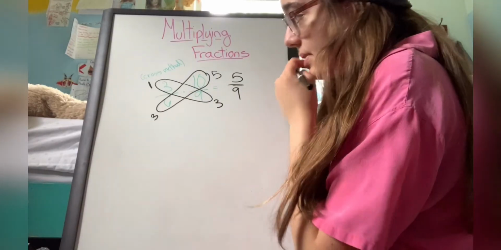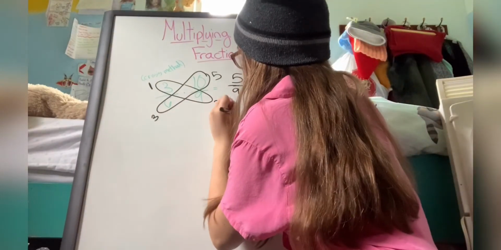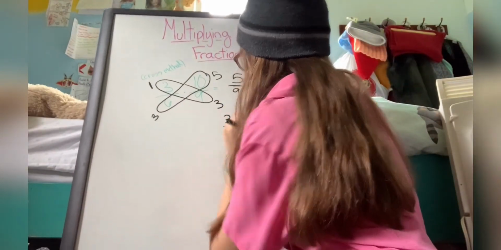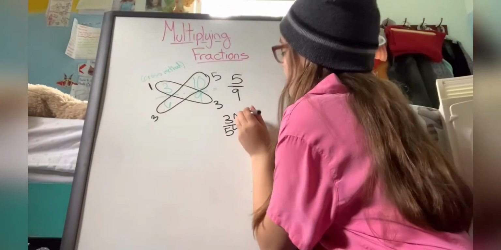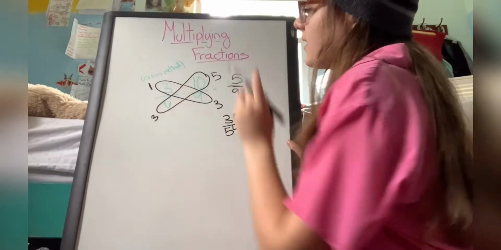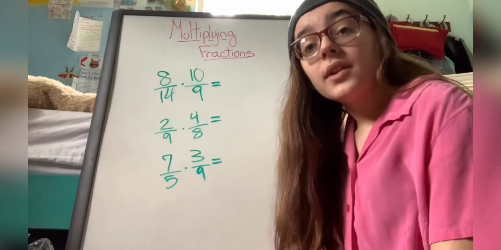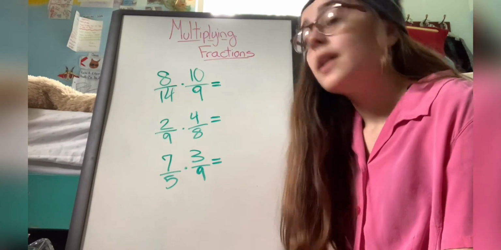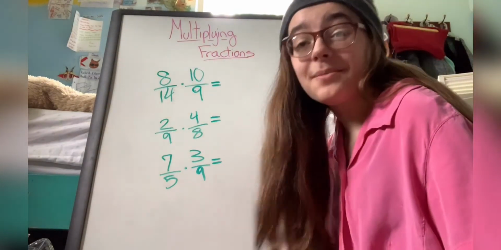And if we multiplied manually, we would get 30 over 54. So we'd have to do a lot of simplifying to get this final answer. So the cross/butterfly method saves a lot of time and is really efficient. We're going to practice problems together now, and if we can, we're going to use the cross/butterfly method to simplify.